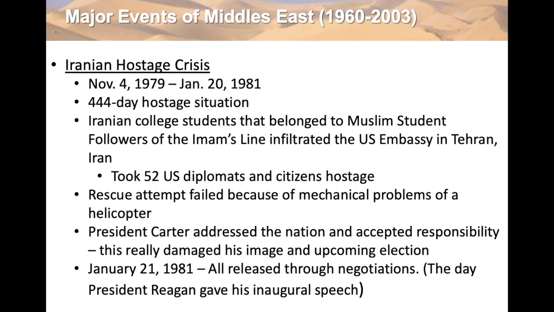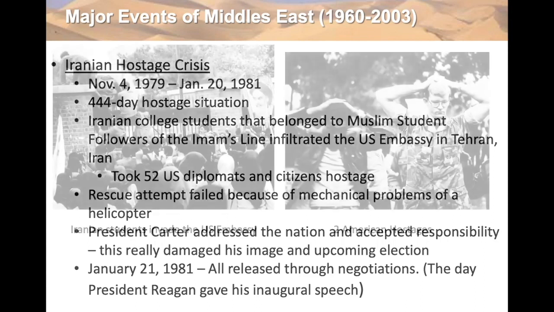And that was the day that President Reagan was giving his inaugural speech. And there are different conspiracies about that, like were there secret deals that went on with the Reagan administration and all of that. But the tensions were really high.